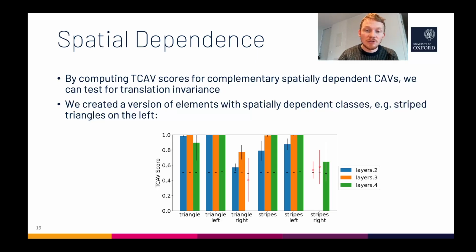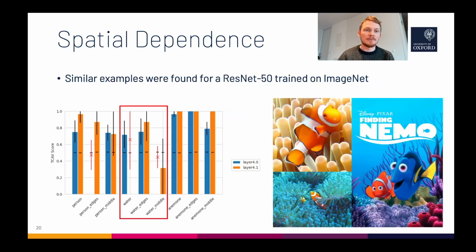And similarly for stripes left and stripes right. This is exciting because it means you can actually test for translation invariance to specific concepts and specific directions in your model. We also found some evidence that this exists in more complex data and models.